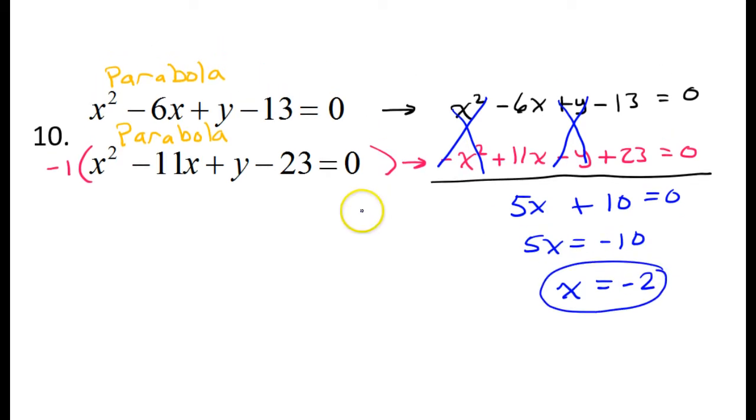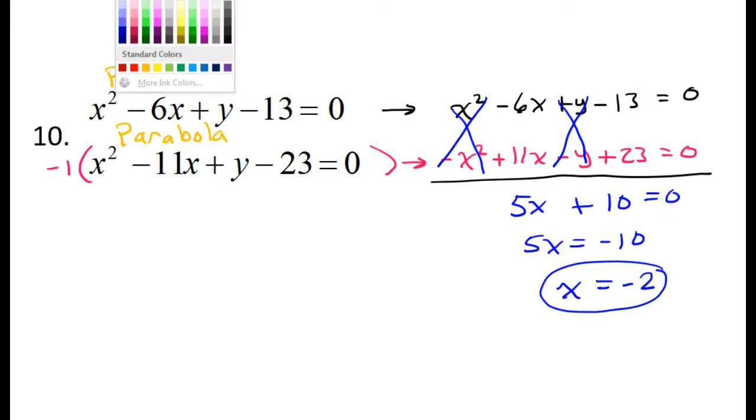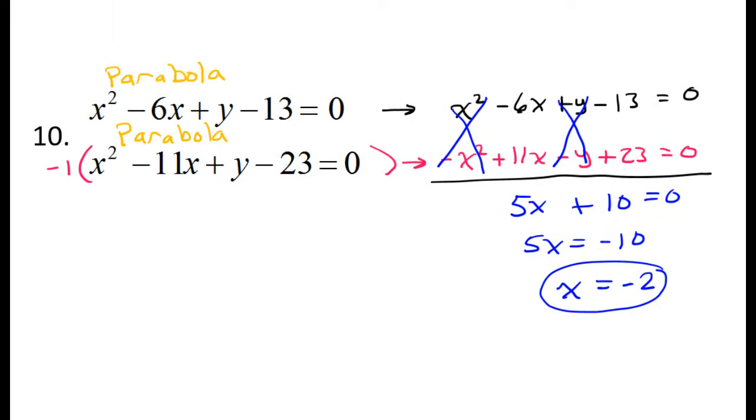Alright, so as I think about my solution set that I'm aiming for, here's what I have so far. Since I have an x value of -2, that means I have -2 comma something. I just need to find the y value that goes with this x value.